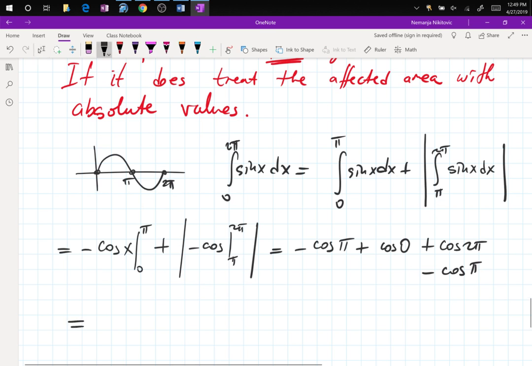Which is equal to: cosine of pi is -1, so negative -1, plus cosine of 0 is 1, plus cosine of 2 pi is 1, and then minus cosine at pi is -1. So I have 1 plus 1 plus 1 plus 1 equals 4.